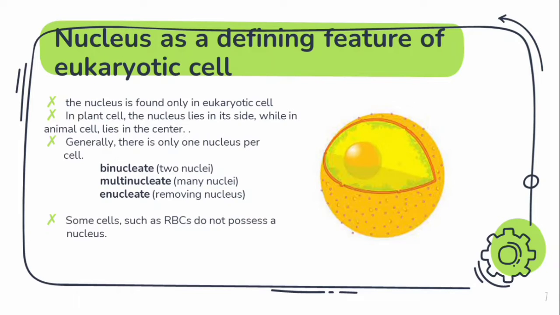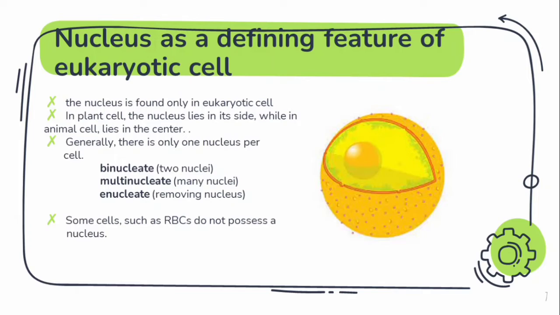Let's now move on to the nucleus as a defining feature of eukaryotic cell. The nucleus is found only in eukaryotic cell. So, if we are to determine a found cell, we could simply say that if it has a nucleus, it is a eukaryotic cell. But if it has no nucleus, it is definitely a prokaryotic cell such as bacteria.